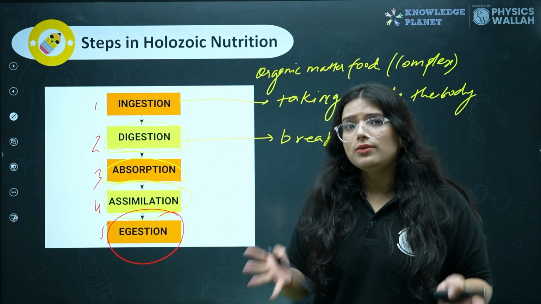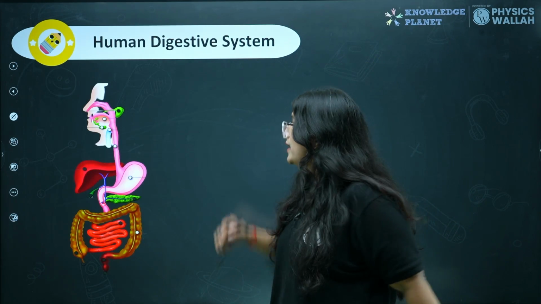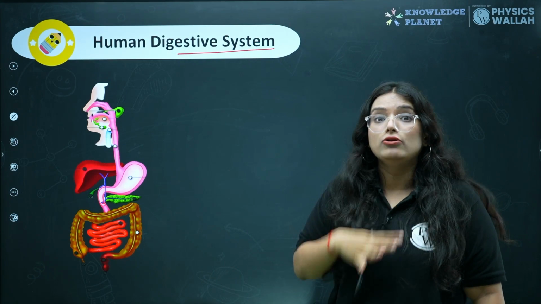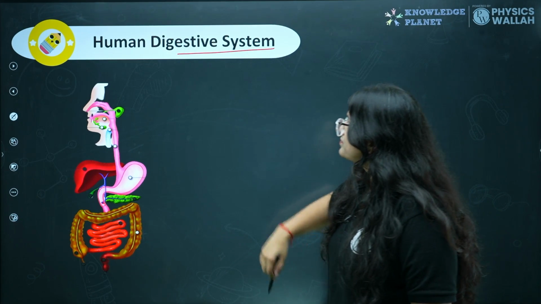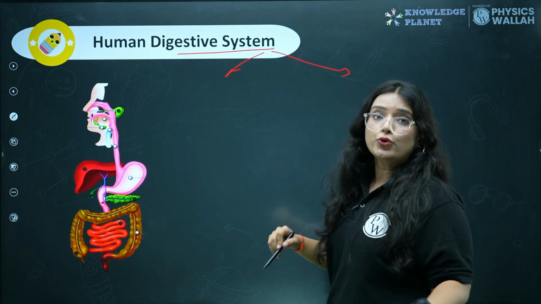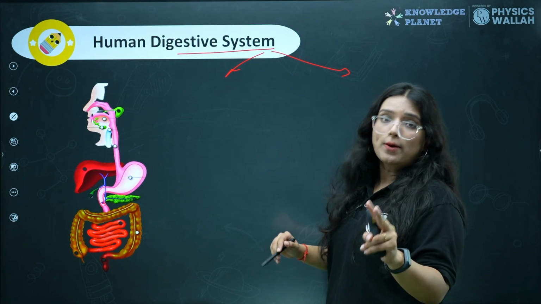Now, if we are talking about humans, why don't we look into it a little bit deeper? Let's talk about the human digestive system. It's very important to know about us. The human digestive system is categorized into 2 important components.